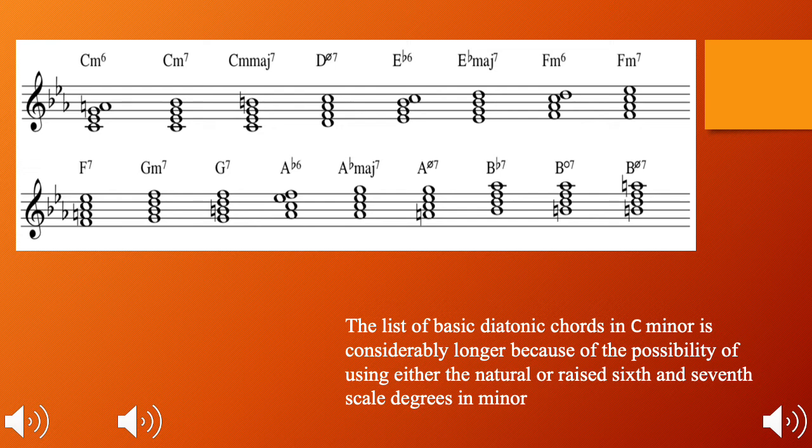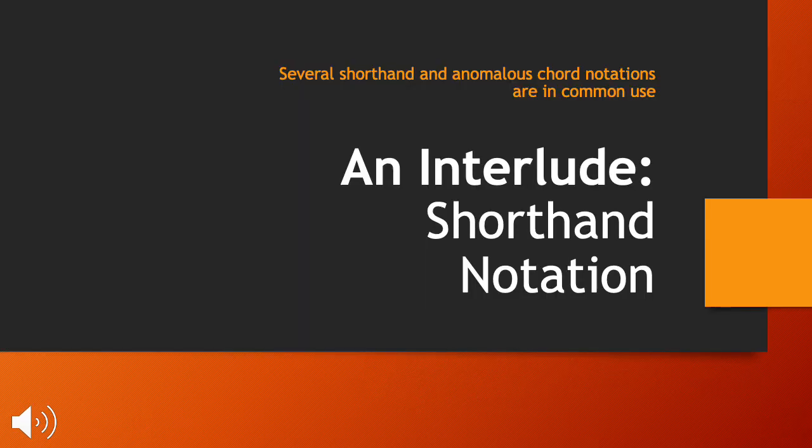For a complete list of all the basic jazz chords, please take a look at the sheet that I have attached in the file area called Jazz Chord Dictionary, with the numbers with the hats over the top.